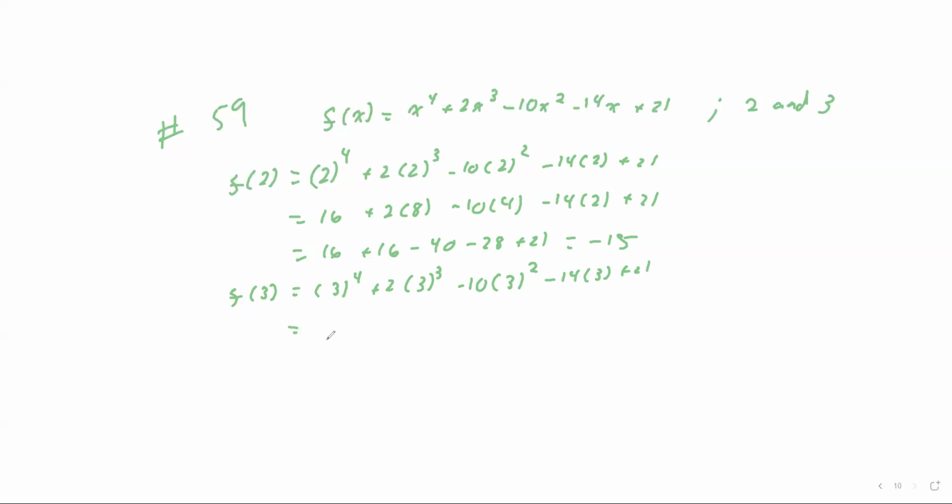So 3, 9, 27, 81. 2 times 27 is 54. 10 times 9 is 90. 14 times 3, 14, 28, 42.